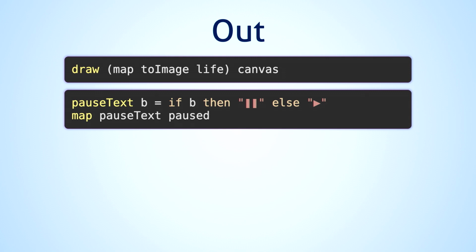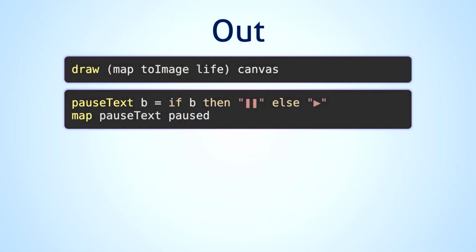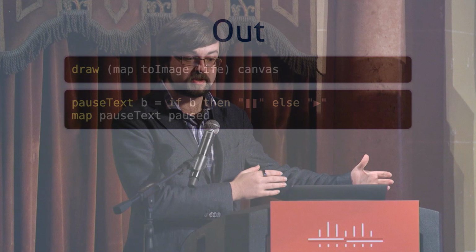So in the pause button, when you press the pause button, I want to switch the icon from play to pause and back. And the way I do this is I just define a function that says, hey, if I'm paused, show the pause symbol, and if I'm running, show the running symbol. And then I just map that over exactly the same paused behavior that I earlier used to control the game itself.